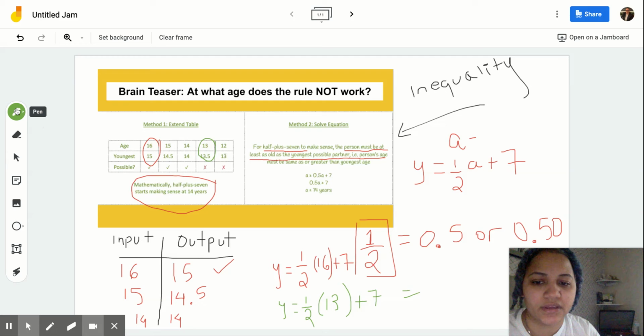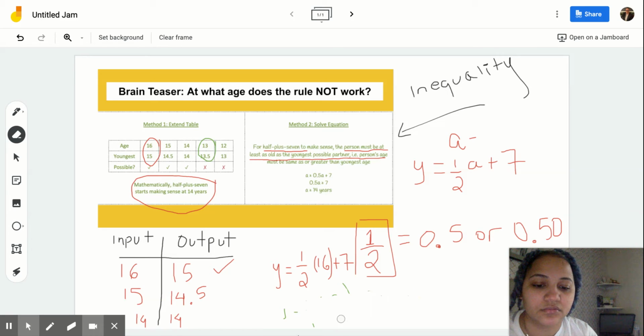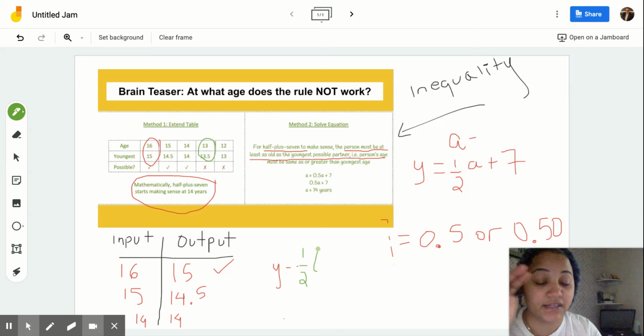Let's try it again for 12. Let's use our eraser. So when my input is 12, 1 half again, parentheses 12, I'm technically, remember, the older person, plus 7.